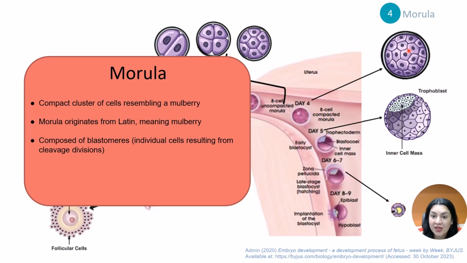So the cells within this morula are known as blastomeres. These are all these individual cells that came about as a result of that cleavage that occurred in the previous step, right? So now you have, it's still the same size, by the way, just packed with cells, and so we call it a morula.